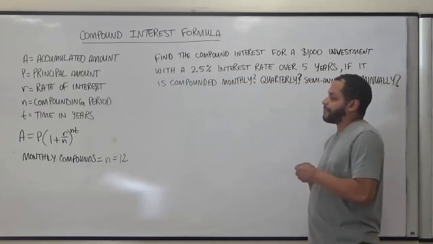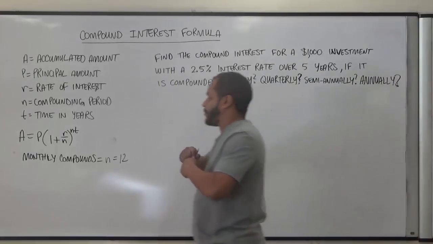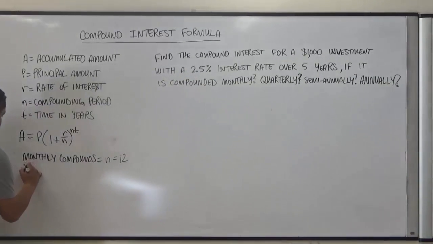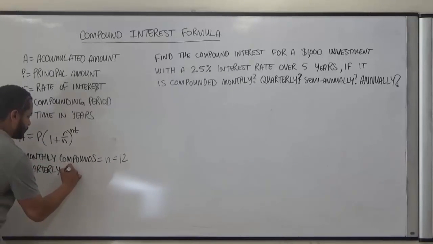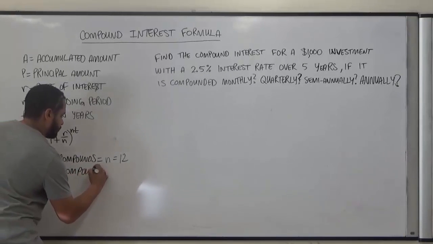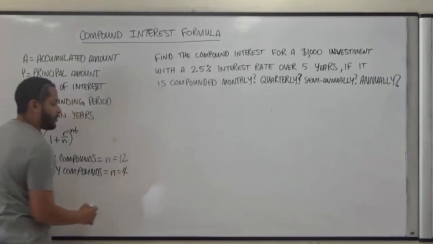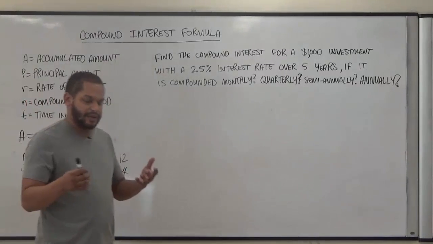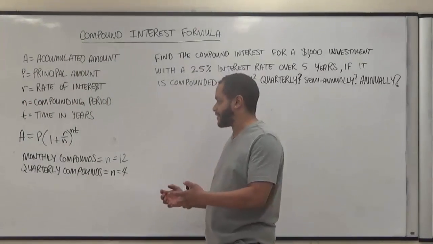In the same way, we think about quarterly compounds and what a quarter of a year is. Quarterly represents 4, because there are 4 quarters to every year. Especially in business, we all know that every quarter represents a different season.